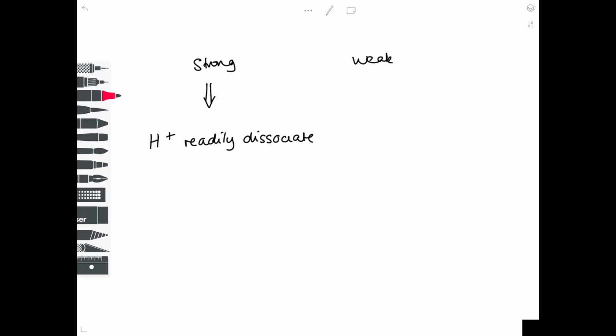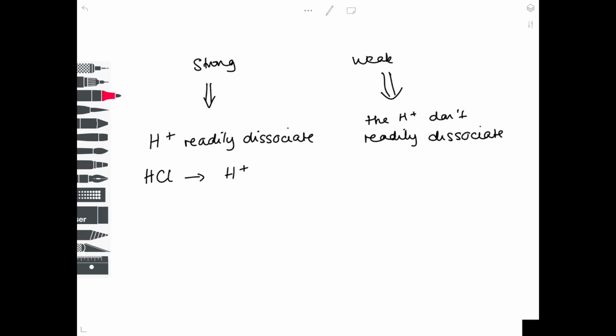In layman's terms, hydrochloric acid is a strong acid, and it will extremely easily give up all of its hydrogen ions, or pretty much most of them. Whereas with a weak acid, the hydrogen ions don't readily dissociate. They don't enter the solution easily, and they stay combined with their other ions.